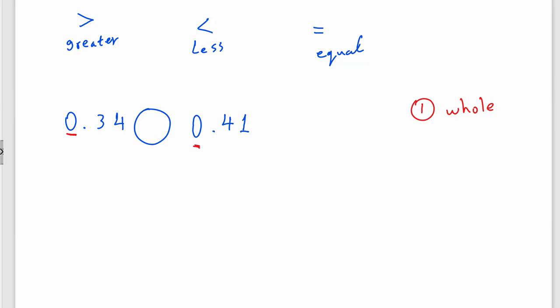So we move to the second step. The second step is comparing tenths. So tenths here we have 3, and on the other one we have 4. So 3 is less than 4, and do not move to the third step.